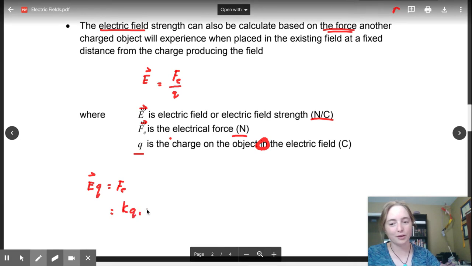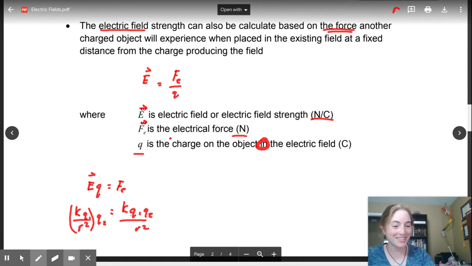Well, kq1q2 over r squared. What is the equation we just looked at above? It was kq over r squared. Here we've got that other q, so I can just label them one and two.